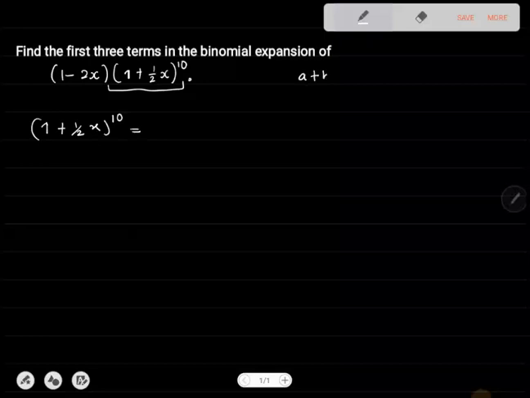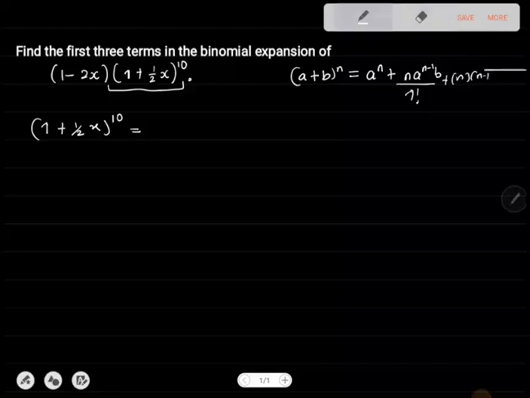a plus b to the power n, the expansion goes like a to the power n plus n a to the power n minus 1 times b over 1 factorial, plus n times n minus 1, a to the power n minus 2, b squared divided by 2 factorial, and so on and so on.